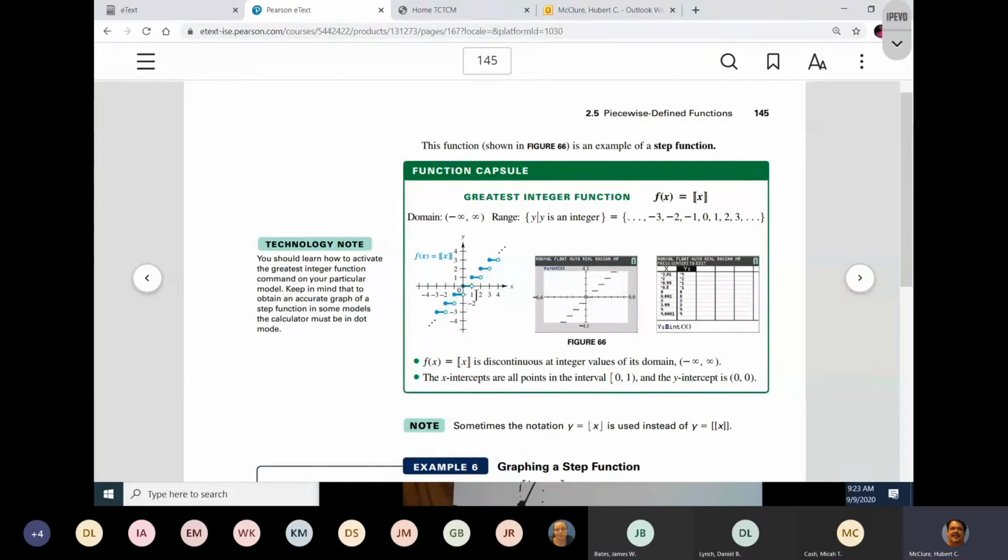And it's always negative infinity, positive infinity, unless the teacher or the directions tells you otherwise. The domain on a piecewise is always going to be that, and the range is always going to be that integer. So the range is going to be -3, -2, -1, 0, 1, 2, 3, 4, 5. It's going to keep on going.